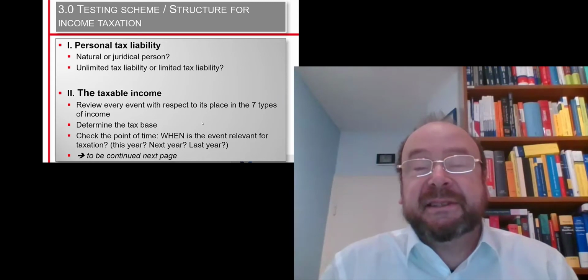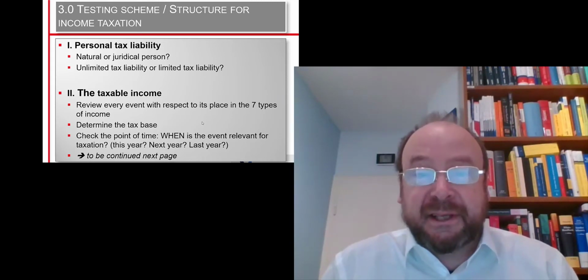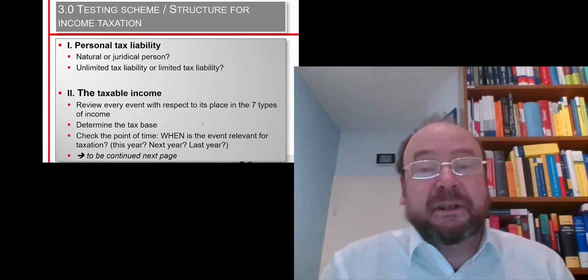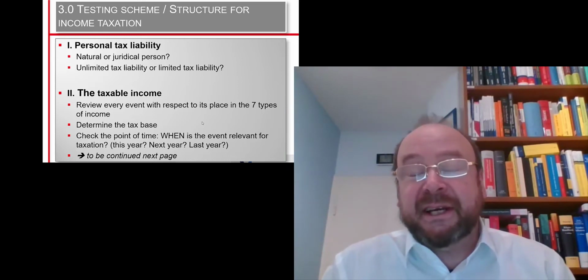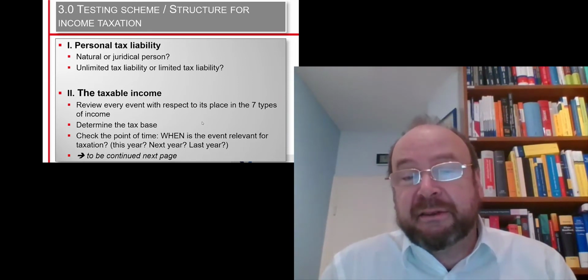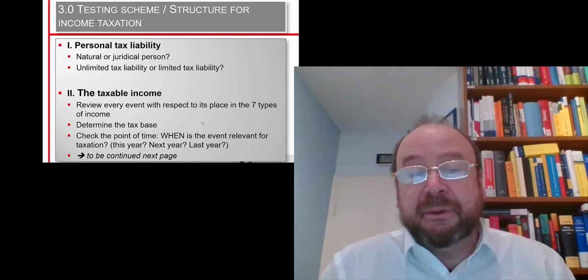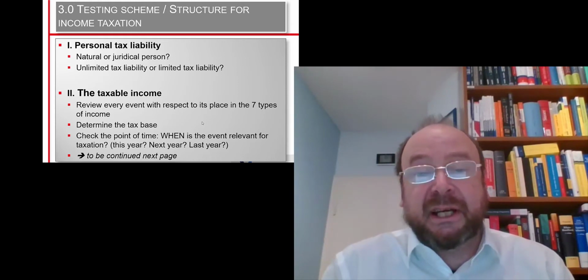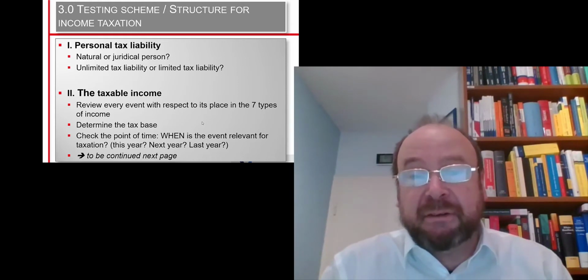So that second thing is the objective tax liability, or if that's too complicated for you, the analysis of the taxable income. And there you can think about a few sub-steps which you can check for every event.